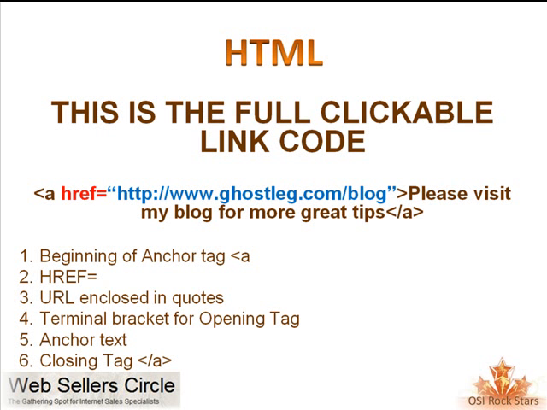After the quotes comes the greater than sign. Then you have your anchor text, which is what your visitors are going to see, so you want that to make sense. And then you just have the closing tag, which for an anchor tag is always /A. That's never going to change. No arguments or attributes in the closing tag. It's always just brackets, slash, closing bracket. And that's all you need to know to make a clickable link.